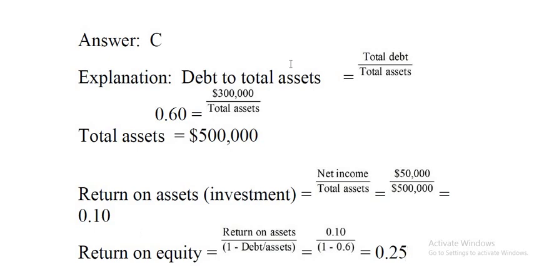So debt to total assets equals total debt divided by total assets. Pay attention. So 60% or 0.6 equals 300,000 divided by total assets. So total assets equal 500,000.